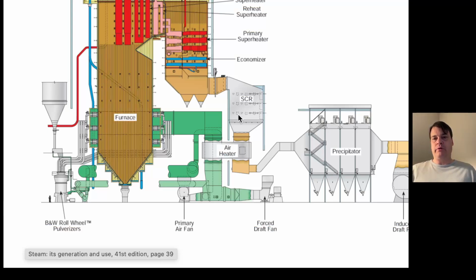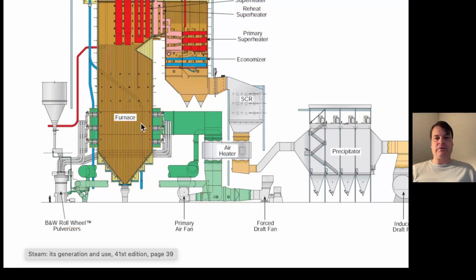And then it runs through another heat exchanger, this air preheater, and that's a big rotating drum that spins around. On one side, the hot gases come through and it heats up the metal, which then spins around to the air intake side. And as the cold air passes through that hot metal, it cools the metal but absorbs heat as it's injected back into the furnace. So kind of a continuous flow heat exchanger.